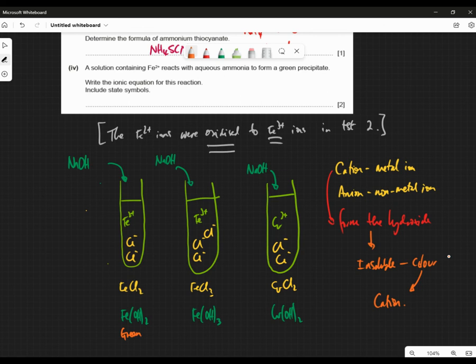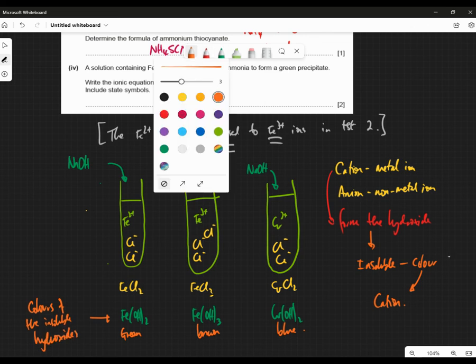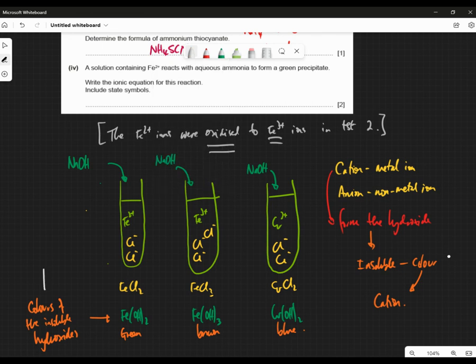Iron 3 hydroxide is a brown precipitate, and copper 2 hydroxide is a blue precipitate. The colors we get in qualitative analysis are the colors of the insoluble hydroxides. I don't think a lot of us seem to know that, all right? But it's the colors of the insoluble hydroxides. Now, why? Because they're insoluble, that's why they precipitate out.